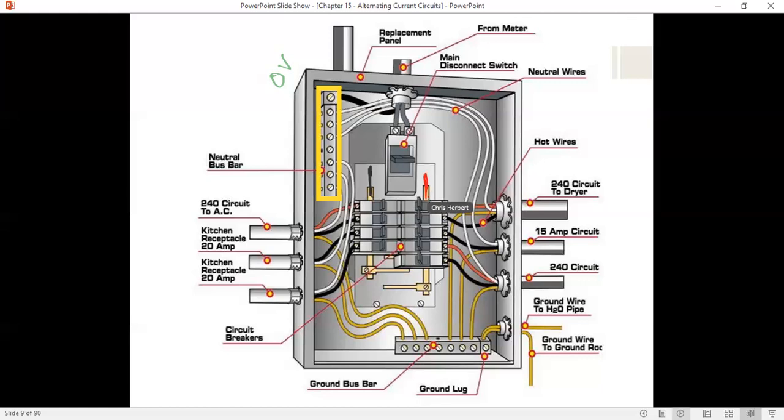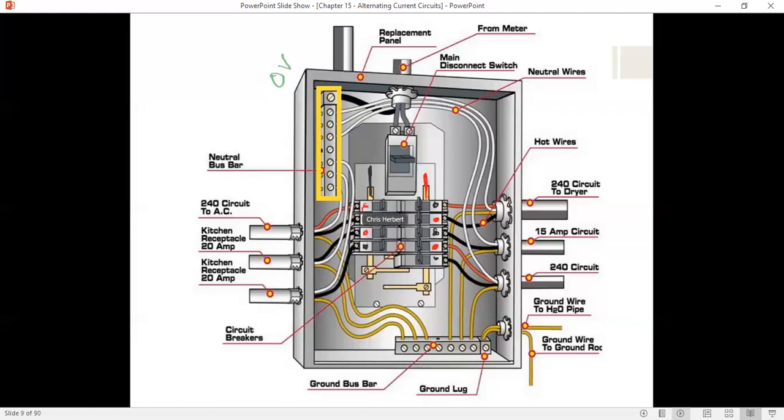The way this is laid out is each of these breakers alternate. This one and this one are connected to the red wire to the transformer. These two are connected to the black, and then these two are connected to the red.